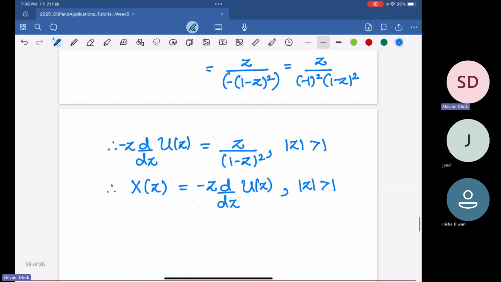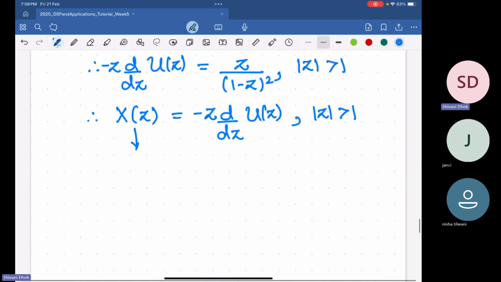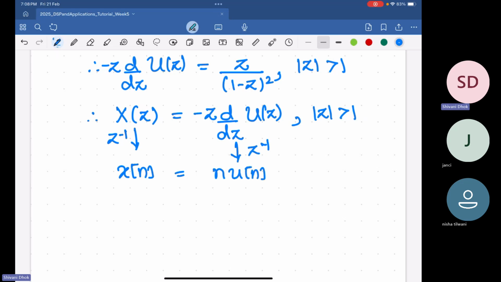So now, if I take the inverse z-transform, I'll have x[n] equal to the inverse z-transform of this signal, and the inverse z-transform of this signal will be simply n into u[n]. Why?